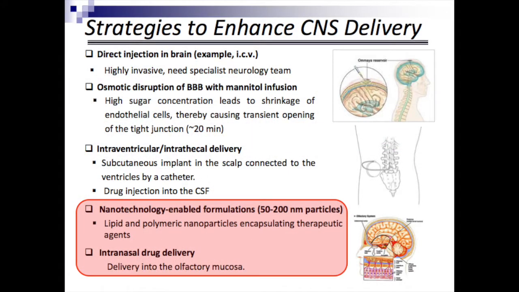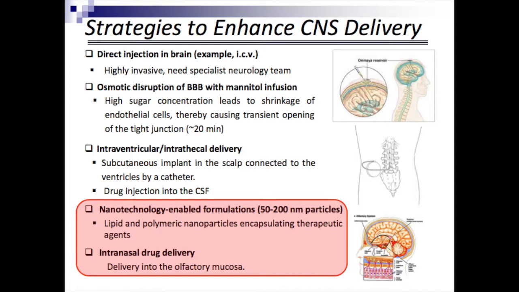The approaches that people have tried involve two major categories. You either can do invasive administration, or what we are interested in is the non-invasive methods. Invasive method means you basically have to create a catheter that delivers the drug in the brain. For example, ICV is an example of a catheter that is placed through the skull and directly delivers to different regions of the brain.